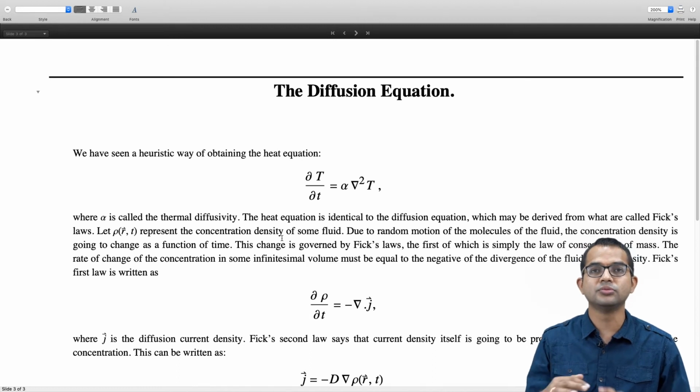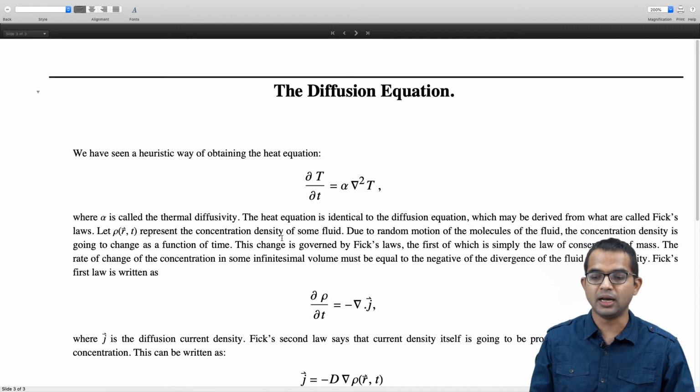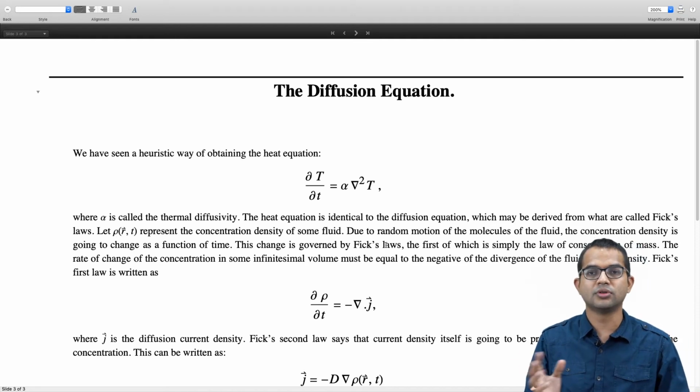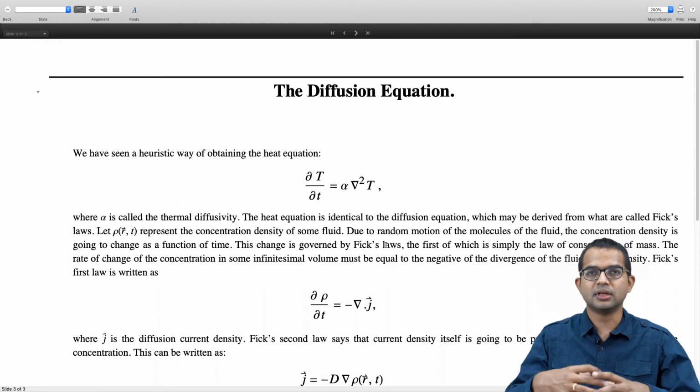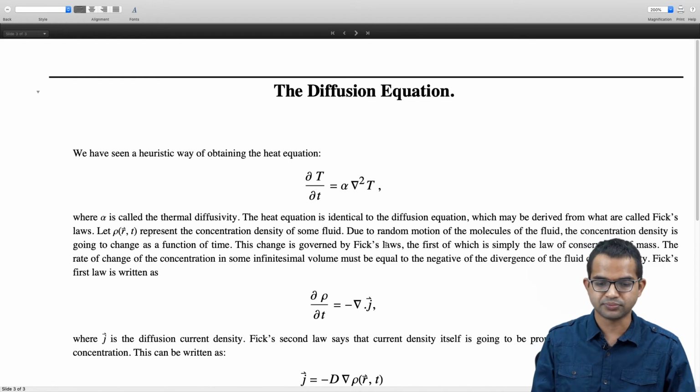It could be a perfume which is initially localized in some region, and then you might ask, how does this perfume spread as a function of time? So concentration density rho of r comma t, and due to random jiggling motion of the molecules, you would expect that there would be a tendency for this to keep on expanding, right?